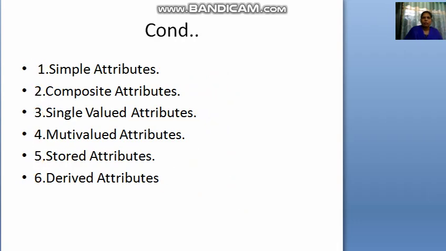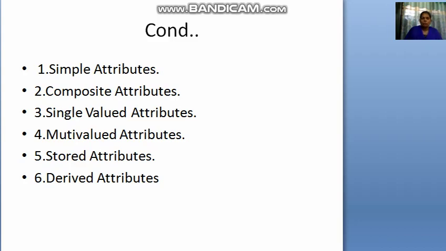Simple attribute means one which can't be further divided, like first name, last name, middle name. Composite attribute can be divided, like name, which can be divided into first name, middle name, and last name. Single valued is the attribute which has a single value. Multiple valued, like phone numbers. A person can have two phone numbers, home and mobile.